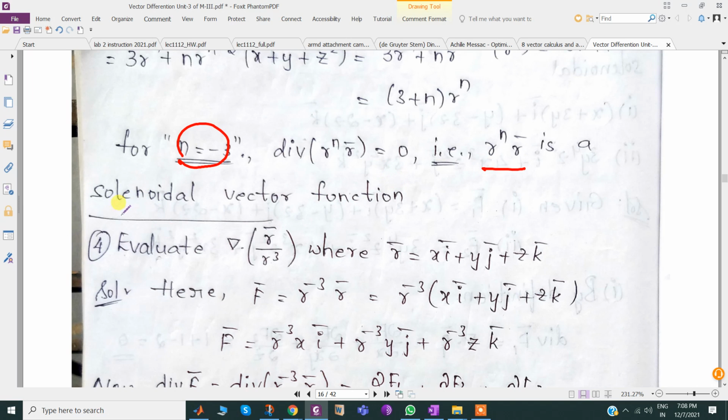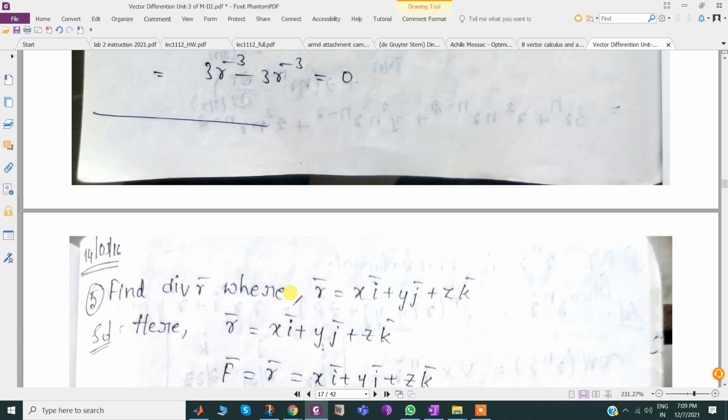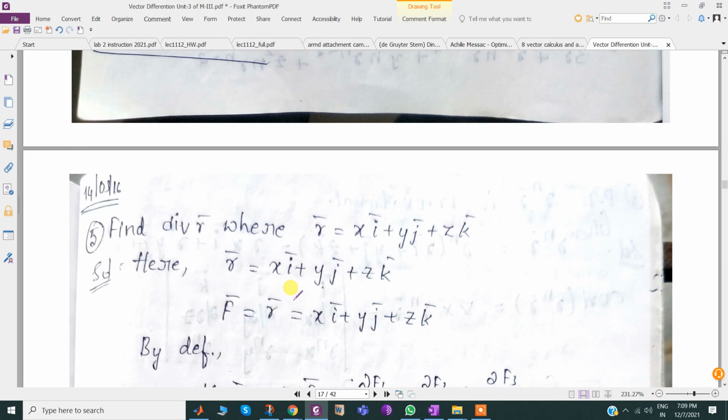Next, solenoidal function r bar by r cube. That means x by r cube plus y by r cube plus z by r cube, and simplification. Nothing more than that. Similarly, div r bar: whenever r bar is there, immediately that introduction part is supposed to be recalled.